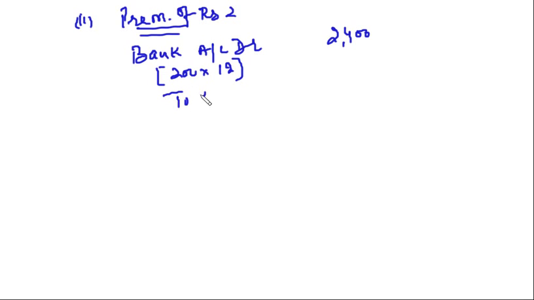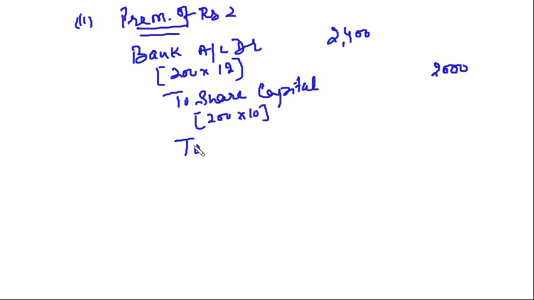What is the amount of share capital? My share capital is the face value of shares, 2000. And then the securities premium will be taken to securities premium reserve account, that will be on 200 shares, rupees 2 as premium, 400 rupees. Clear? This is at a premium of rupees 2.